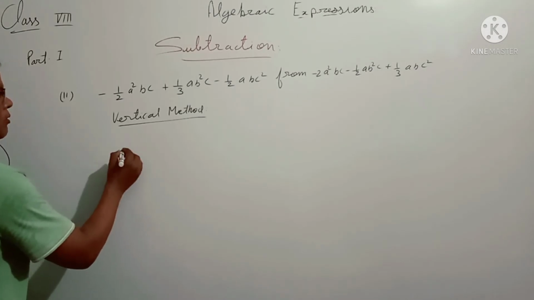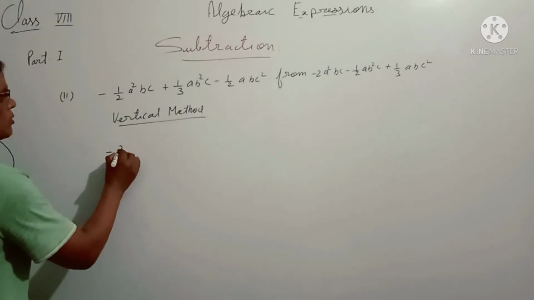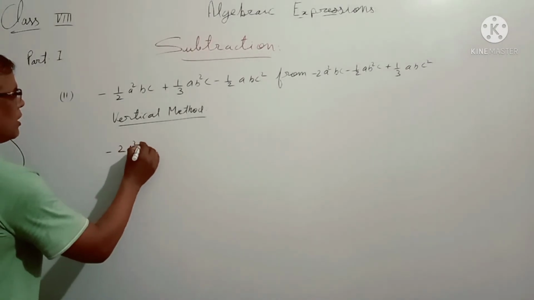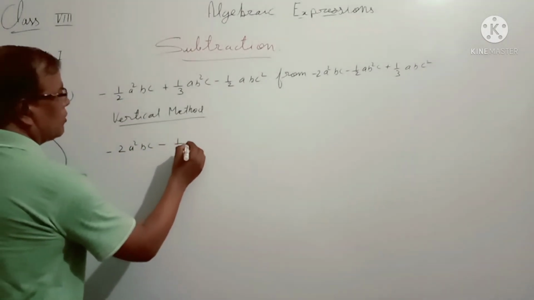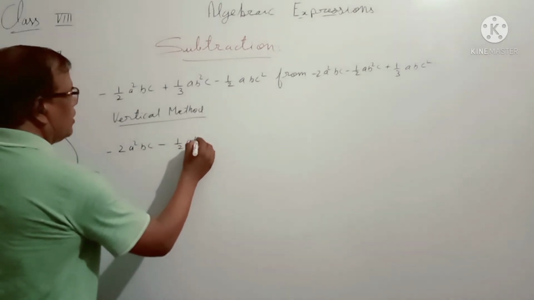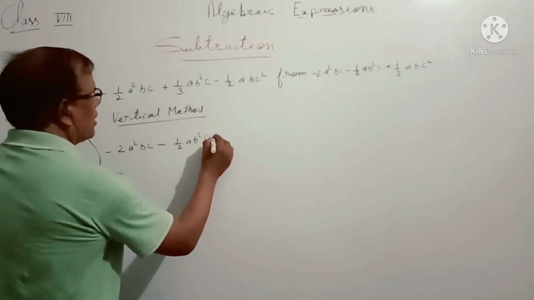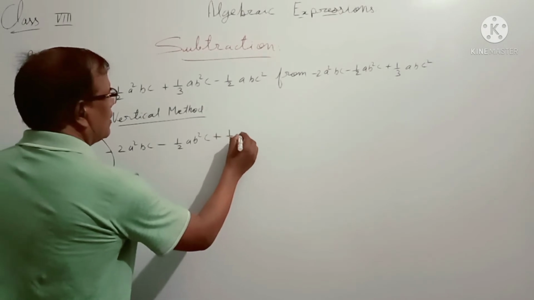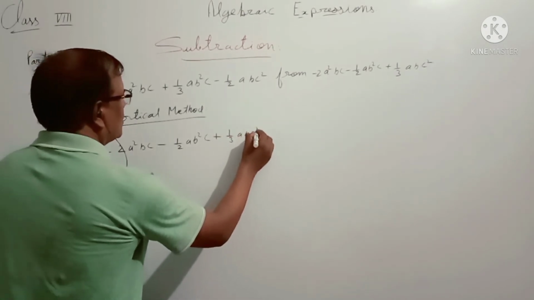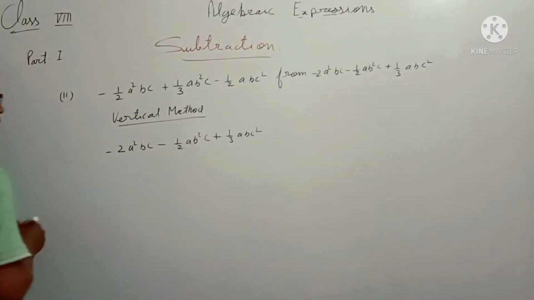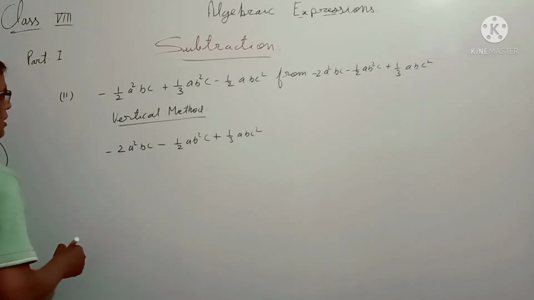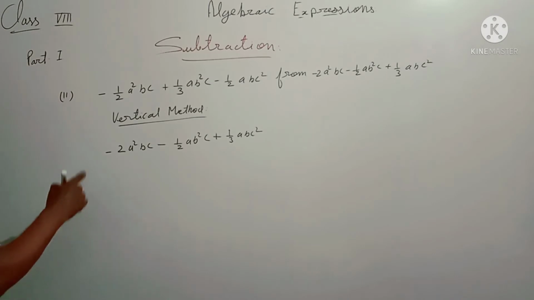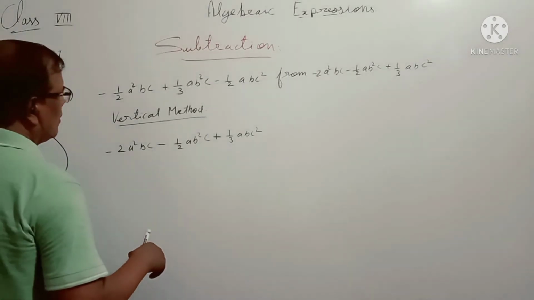As we are going to write here minus 2a square bc minus 1/2 a b square c plus 1/3 a b c square. Because we are going to subtract the first one, we will write like terms just under like terms.